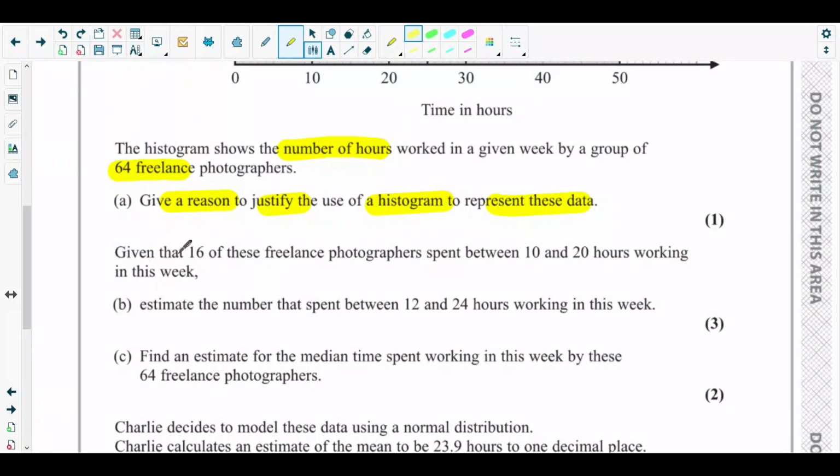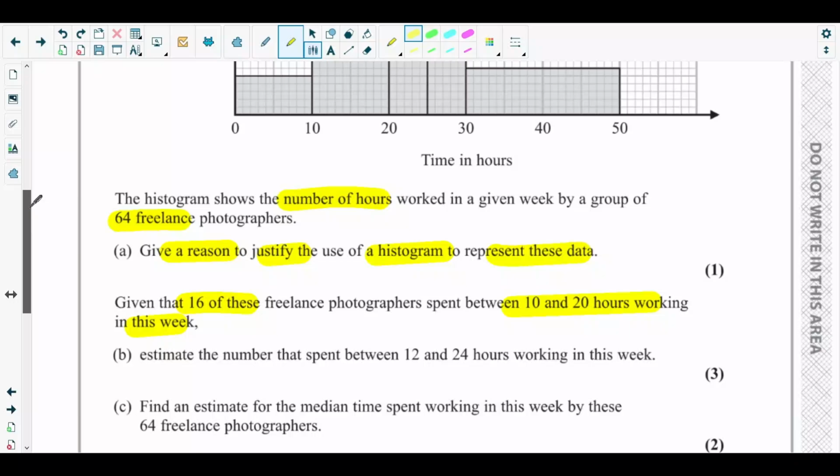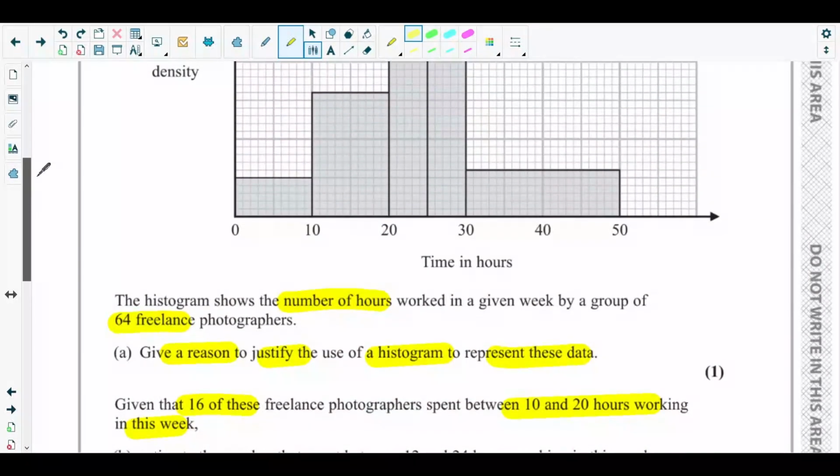Next is part B. The question says, given that 16 of these freelance photographers spent between 10 and 20 hours working in this week. 10 and 20 means this rectangle, this bar.